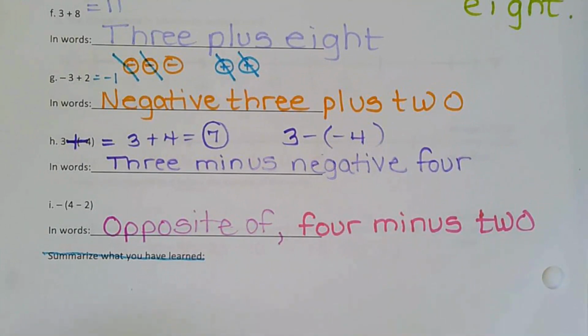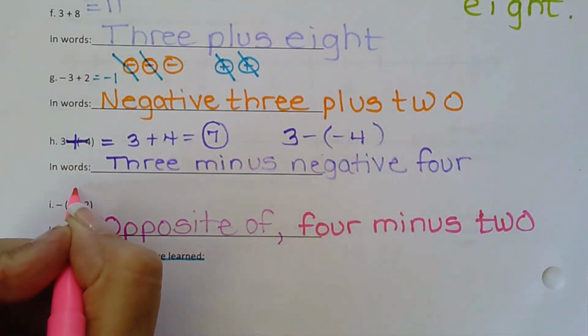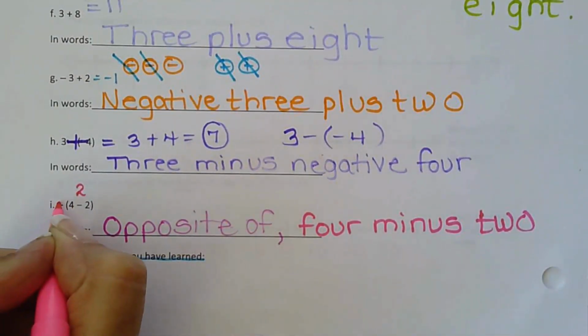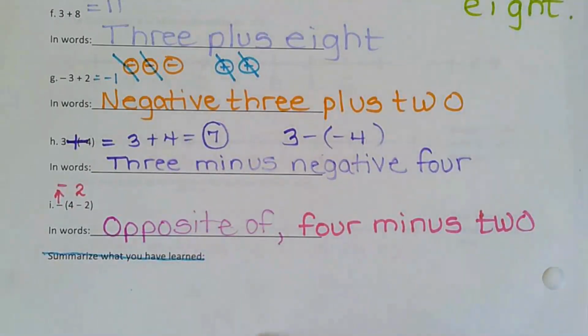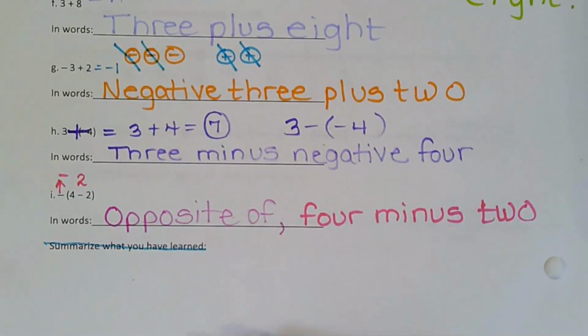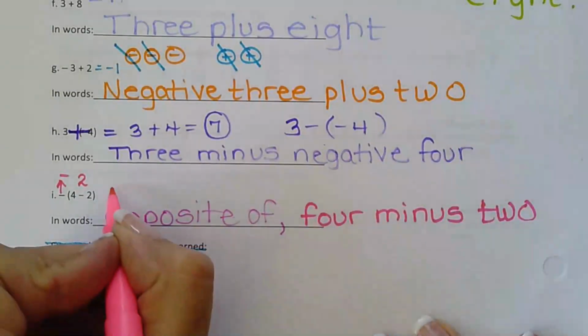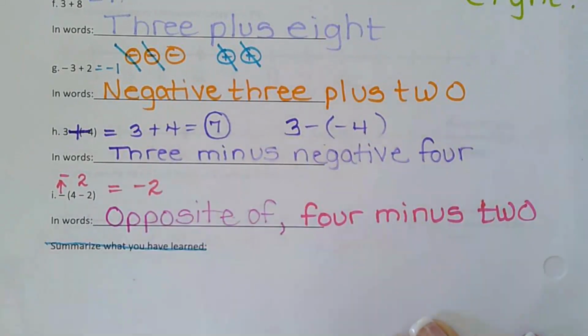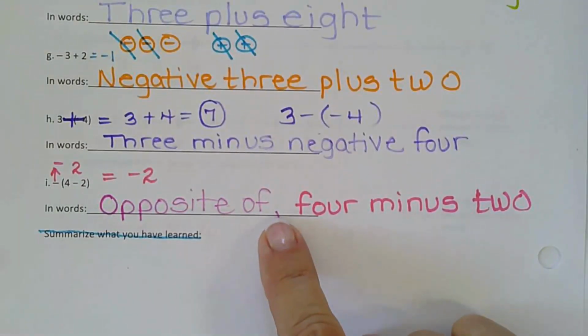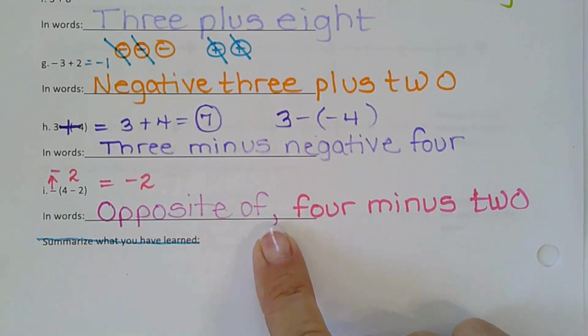So 4 minus 2 we must do first because it's in parentheses, and then we move the negative up in front, and we can see that's 2. So 4 minus 2 is 2. The opposite of 2 is negative 2. But without the comma or saying the quantity, this would be wrong.